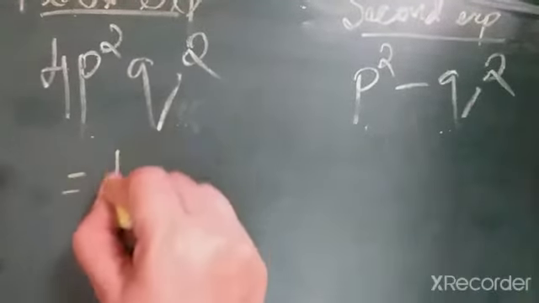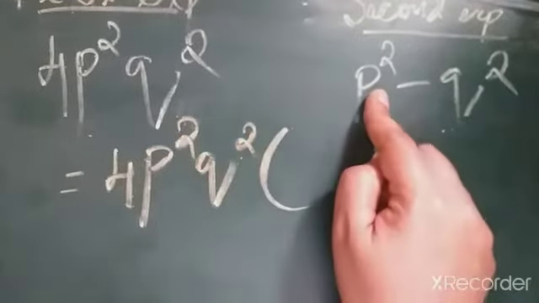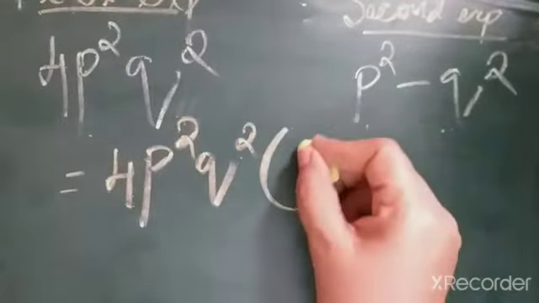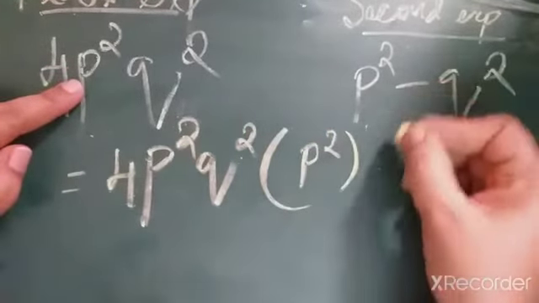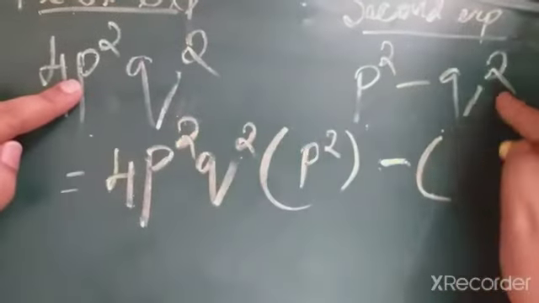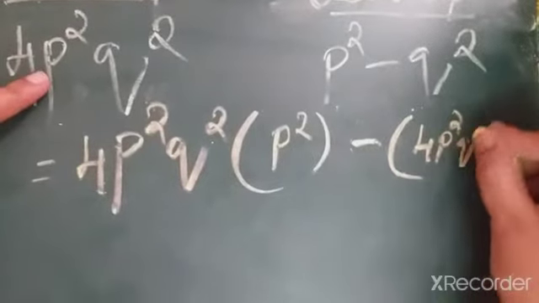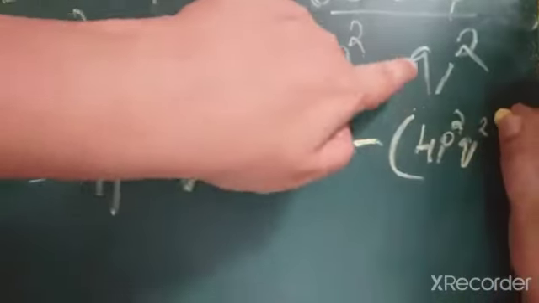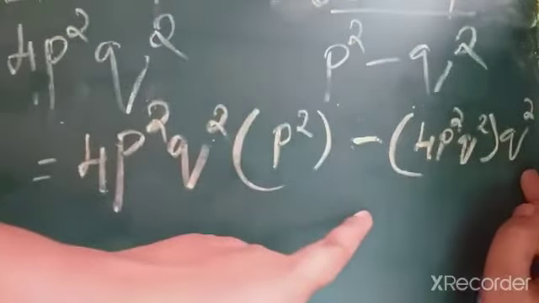So the answer is 4p square q square into p square, each term. Here a minus symbol, so we have to write the same symbol. Then again monomial into the next term, 4p square q square into q square. We can write the bracket here or that side.